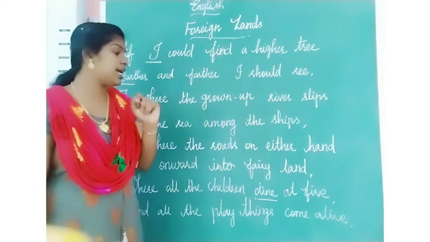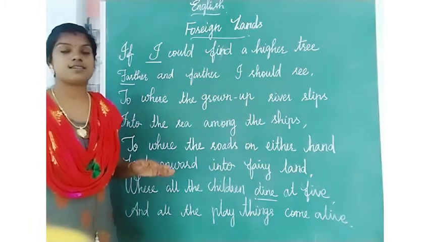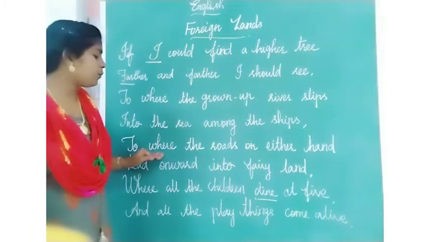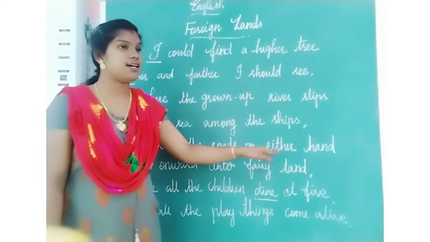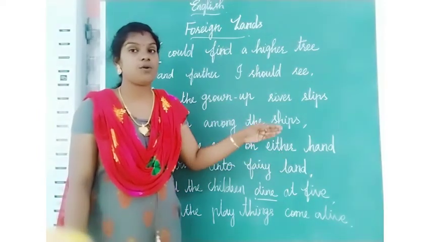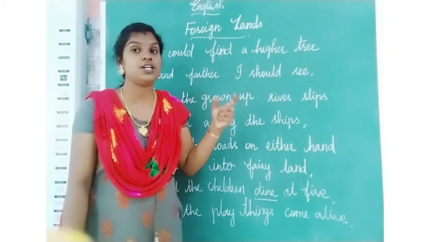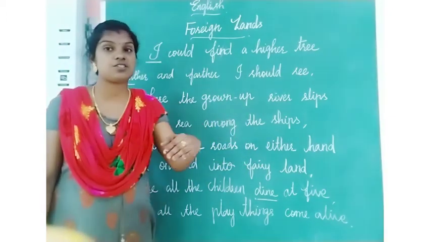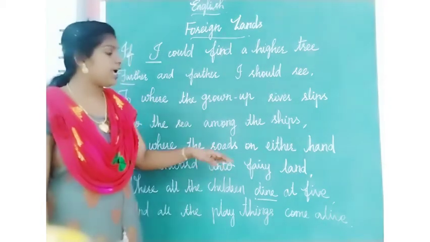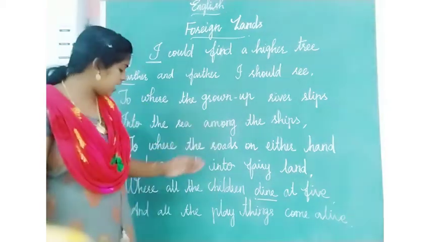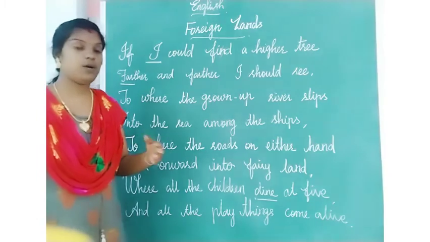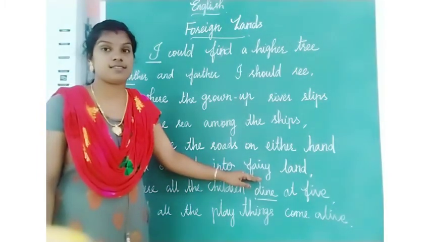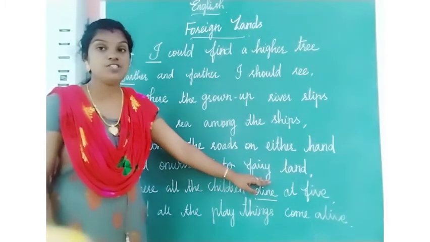Then in the last stanza, she saw a dusty road, so people were tramping on that road. And on either hand, another road leads onward into a fairyland. Fairy means imaginative world.